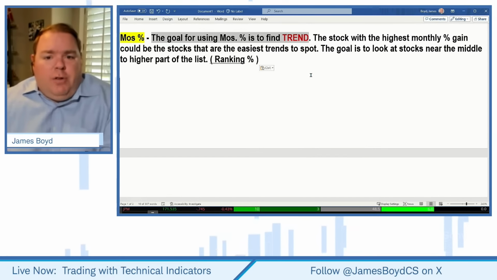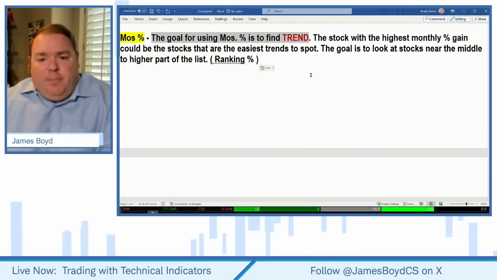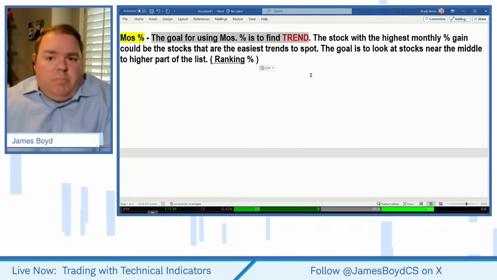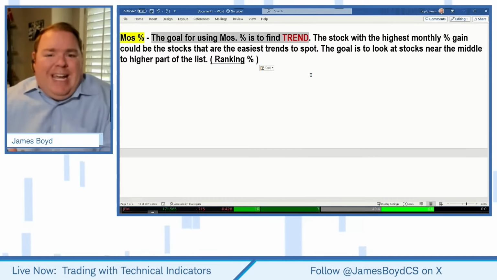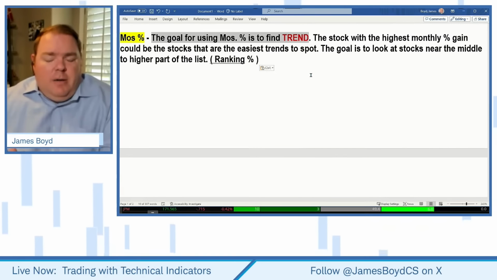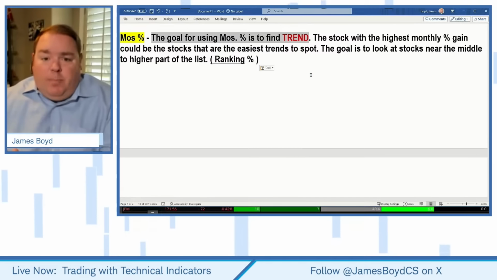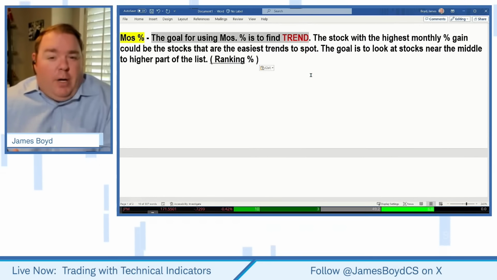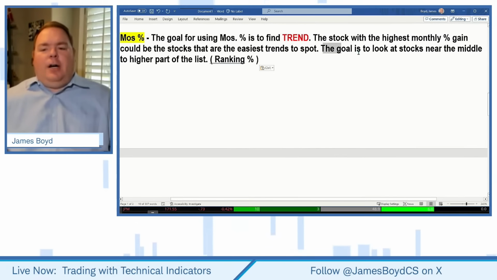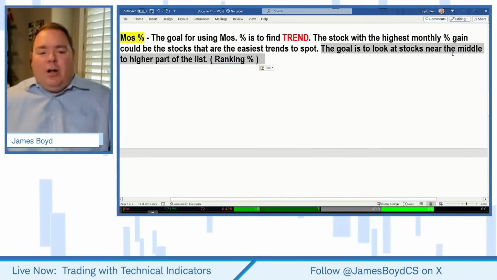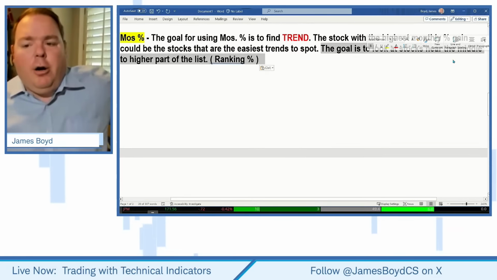What if I told you that the stock was down 15%? The trend's down. Okay, so without even looking at the chart, we get an idea of what that trend is based upon the percent. What I'm concerned about is when people see the numbers, they don't really understand what it's telling them.